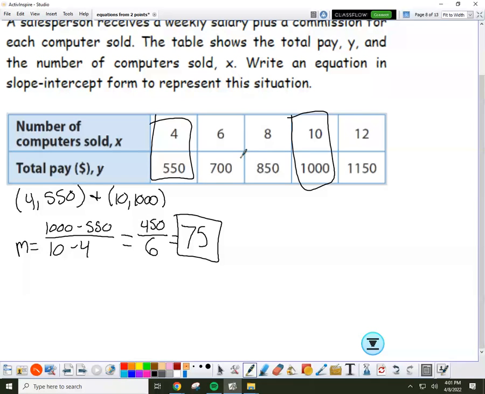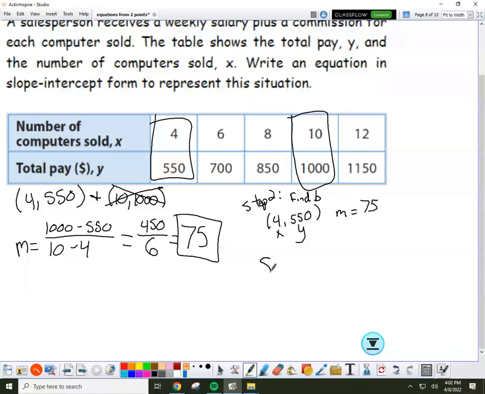Then out of these 2 points, I'm going to pick one of them to find my b. The point I'm going to pick is going to be the first one. So we're on step 2. Find b. I'm using the ordered pair 4 and 550, and our slope is 75. So we're going to label that. Then we plug it into our slope-intercept formula.